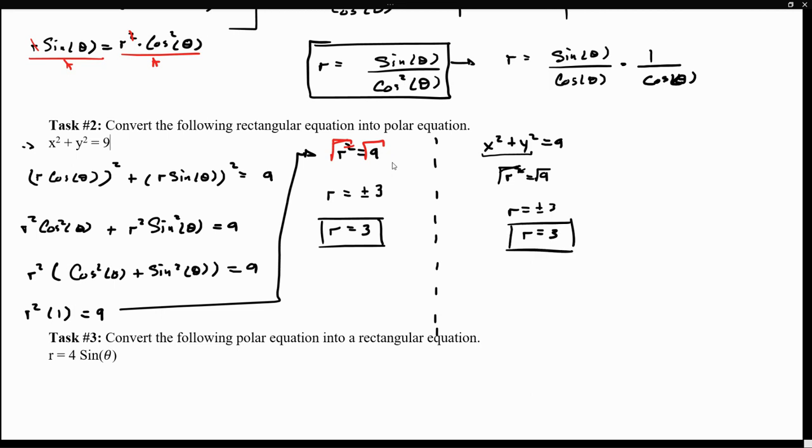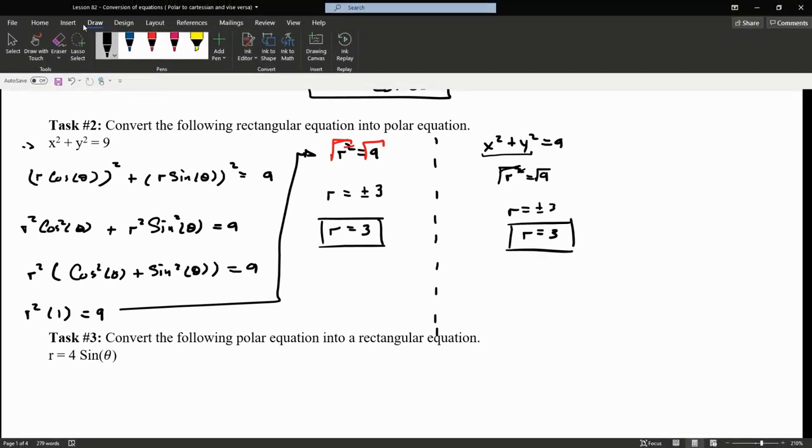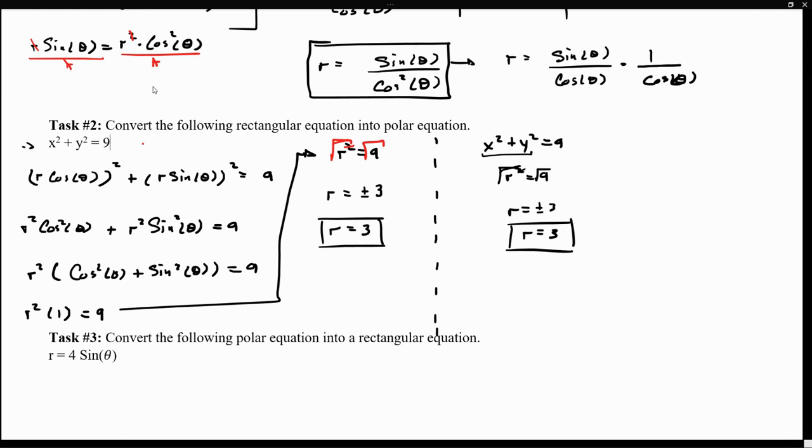And notice that this kind of makes sense. Because if we take a look at the original function that we were given, x squared plus y squared equals 9, you can see that this is a circle with the radius equivalent to 3. And that's exactly what we got in our polar coordinate representation, because r equals 3.